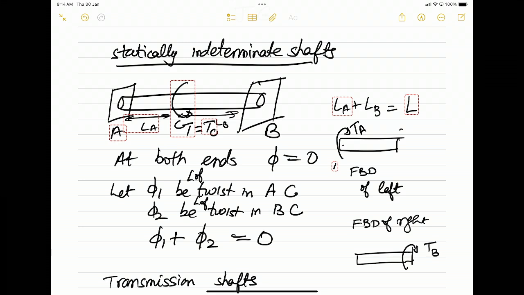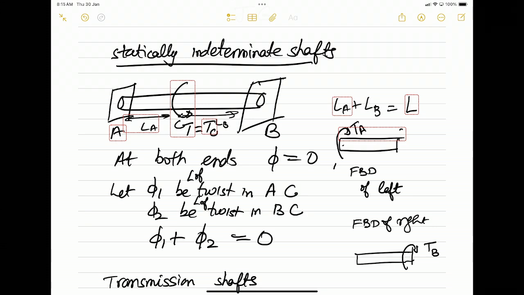On the left side, because of the wall, there will be forces also, but they will not matter. So the torque will be TA on the left and TB on the right. And then what does equilibrium tell me? If I draw the equilibrium of the full rod, TA plus TB will be equal to T.